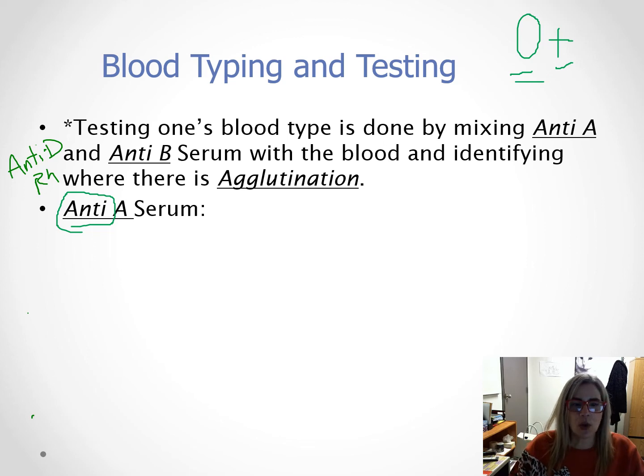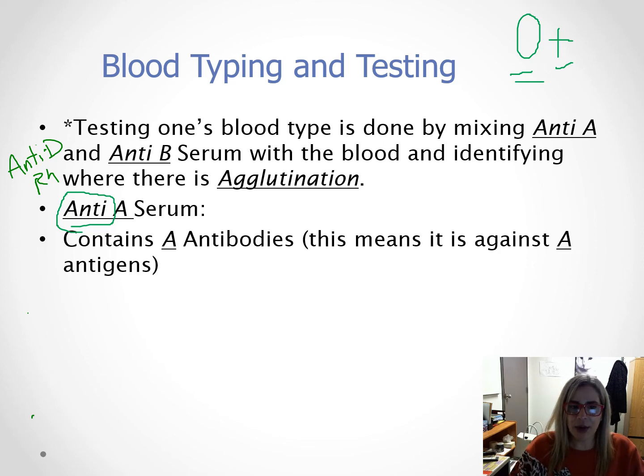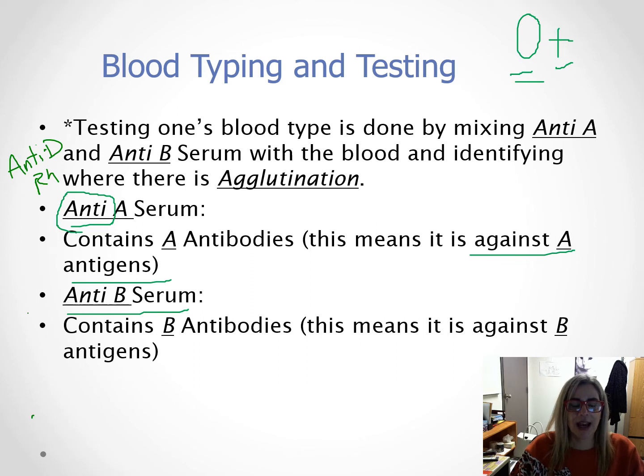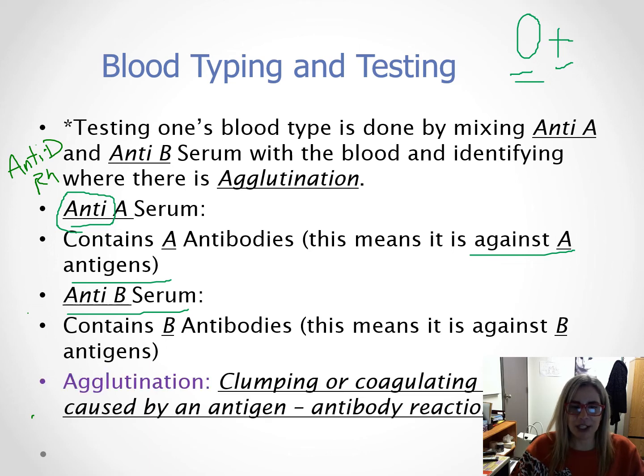So anti-A serum is against A antigens, meaning it contains antibodies that attack that A protein. Anti-B serum, likewise, is against the B antigen, and therefore it makes B antibodies that will attack any red blood cell that has that B antigen.